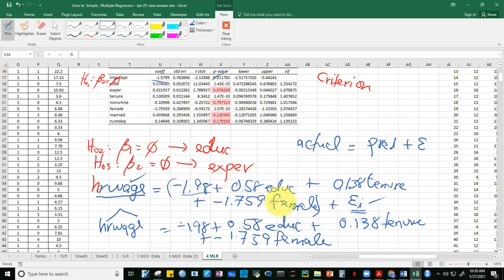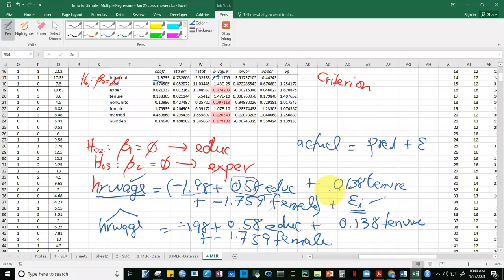Okay, ano ibig sabihin ng 0.58? 0.58 guys, ibig sabihin, for every 1 year increase in education, there's a corresponding 0.58 dollars increase in hourly wage, ceteris paribus. Ano ibig sabihin ng ceteris paribus? All things being the same, all things being held the same. Ibig sabihin, hindi natin papalitan itong mga to. Yung tenure, hindi natin papalitan. Ang papalitan lang natin si education.